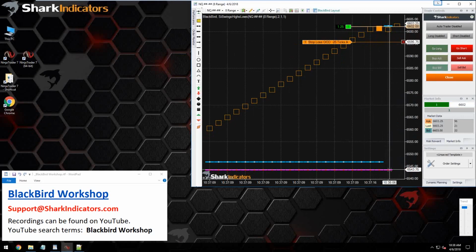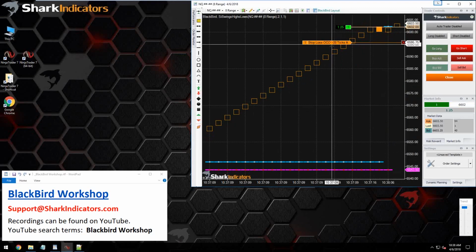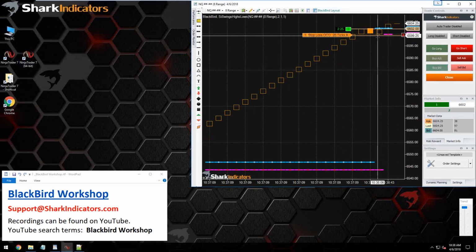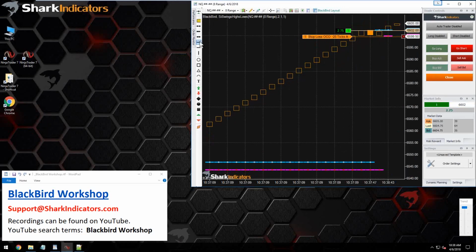So make a mental note if you're wondering how come my stop loss isn't sitting down at the swing low. That's because our initial placement is set at a 25 tick offset. And this 25 tick offset is much closer to price than where our swing low is down here.